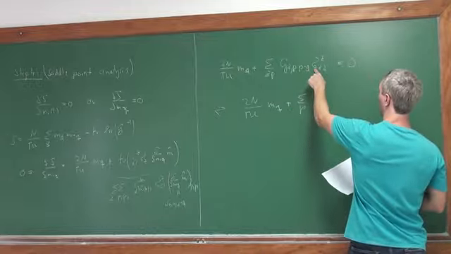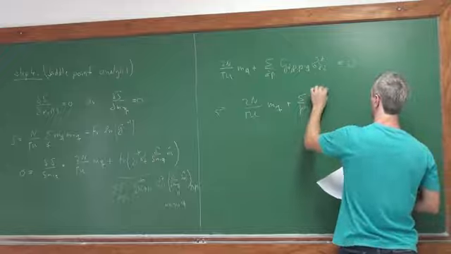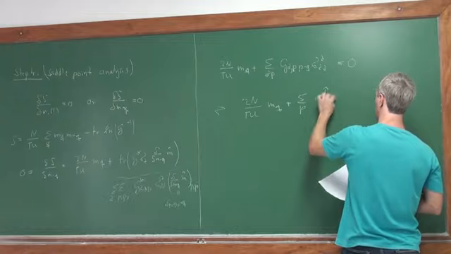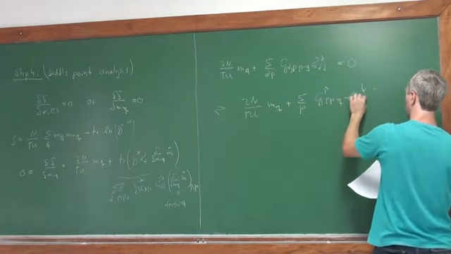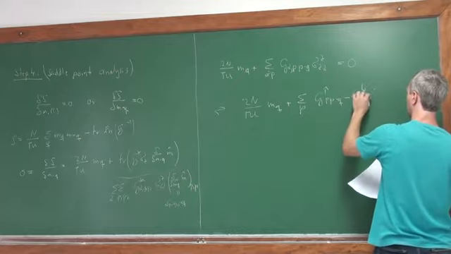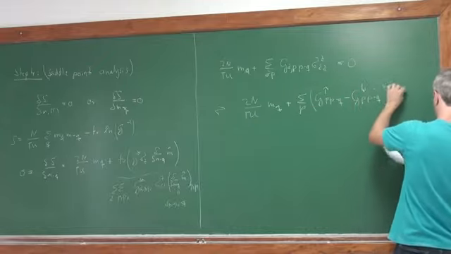For spin up, we get a plus, and for spin down, we get a minus. So we get spin up, P minus Q, minus spin down, P minus Q, is equal to 0.